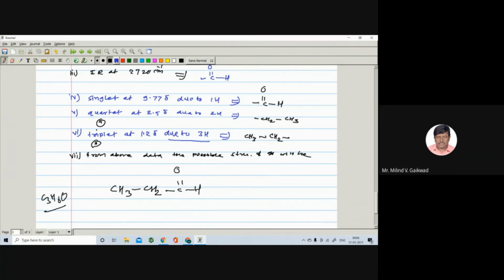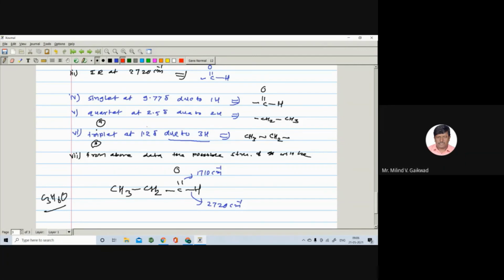And if possible, try to label the values like this one. Here it indicates that they are at 2720 cm⁻¹ and 1710 cm⁻¹, right? And the remaining ones, if you are able to write, then you can also write.